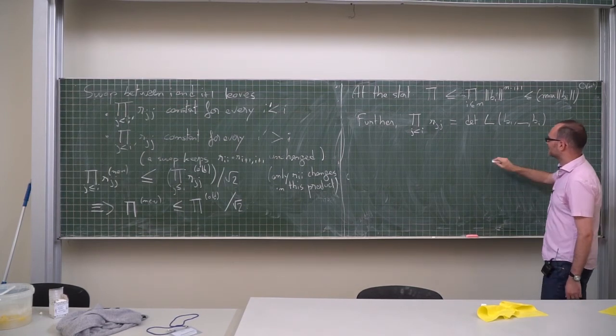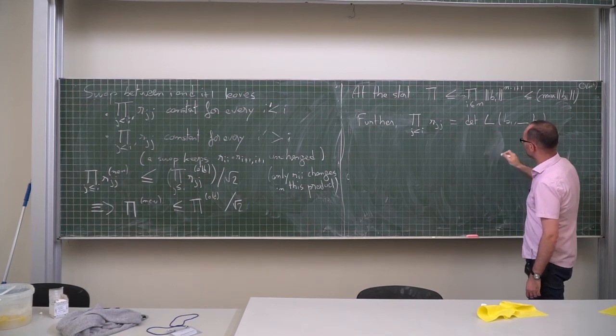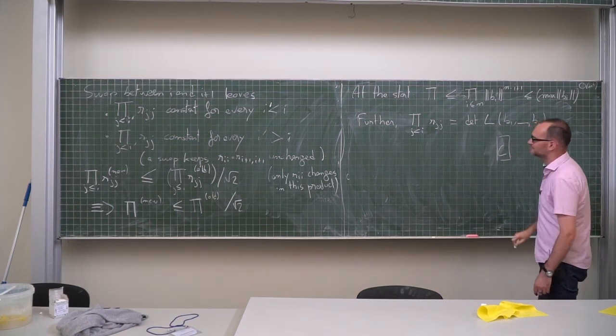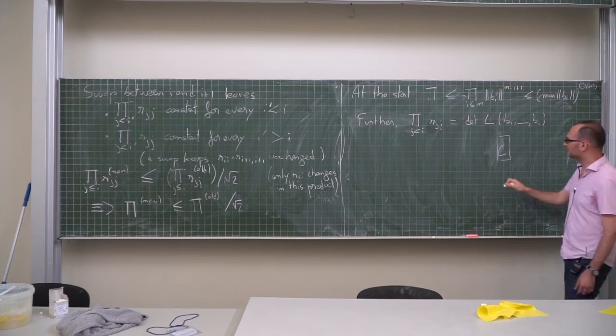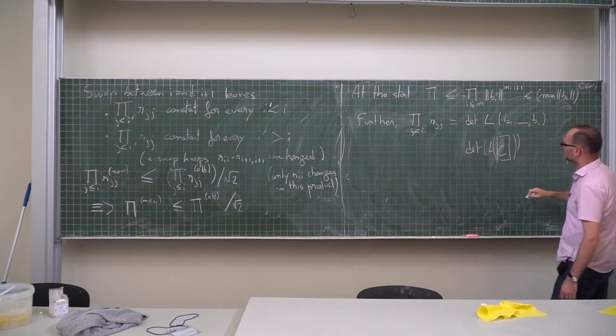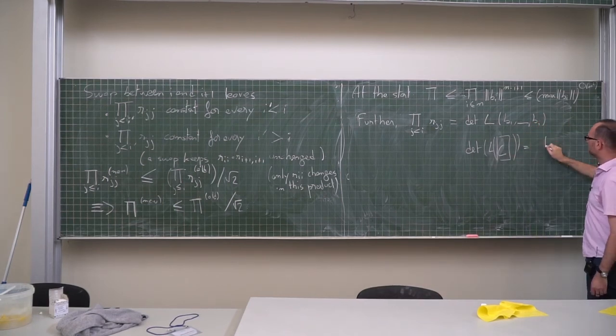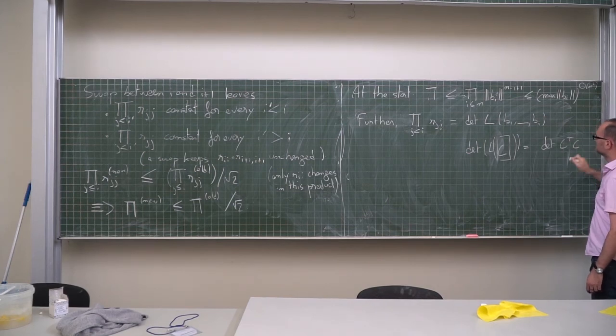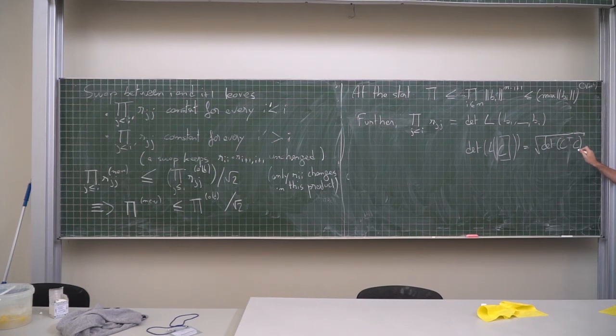So if you take a C like this, the determinant of L(C) is the determinant of C transpose times C, and you take a square root. Okay, so this is to make C square. And then you take the square root, so that when C is square, you recover the same quantity as the usual determinant.